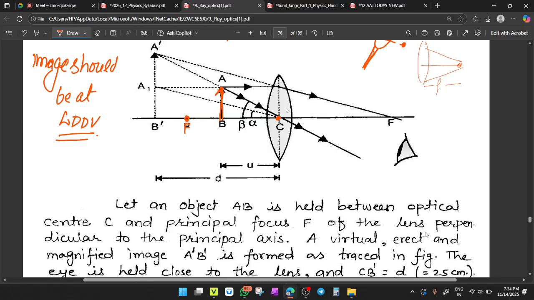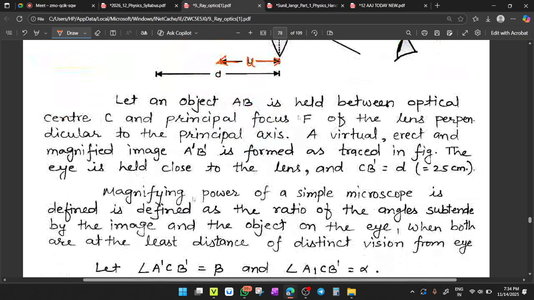F of the lens, perpendicular to the principal axis. Obviously a virtual, erect image. So this is our u. Let an object AB be held between the optical center and principal focus of the lens, perpendicular to the principal axis. A virtual, erect and magnified image A dash B dash is formed as traced in the figure.